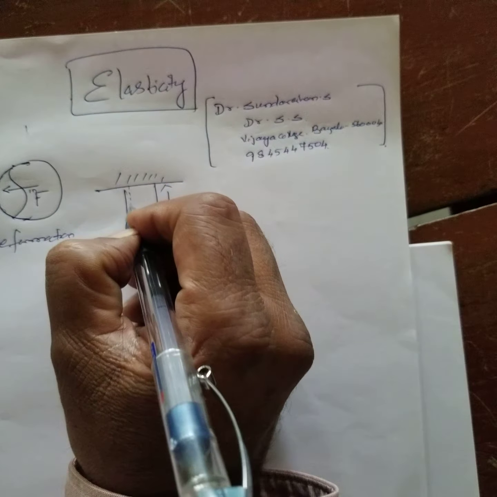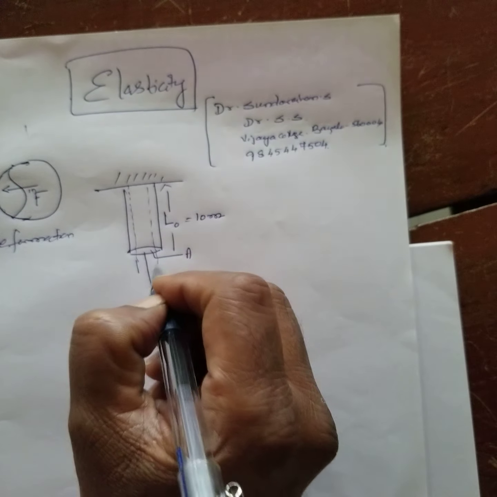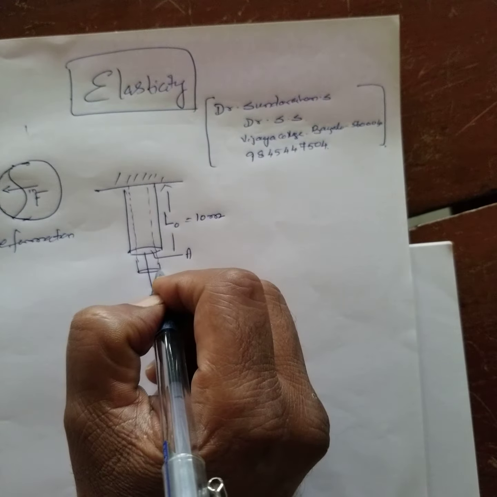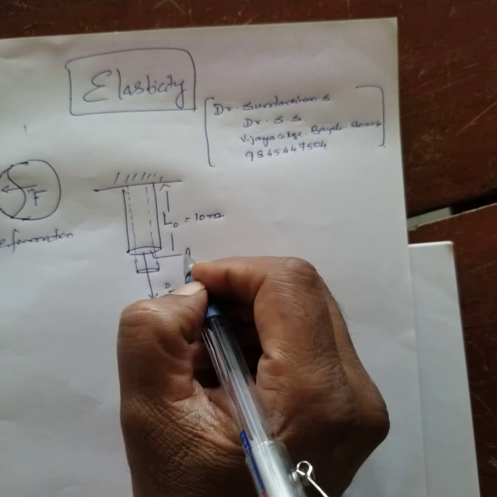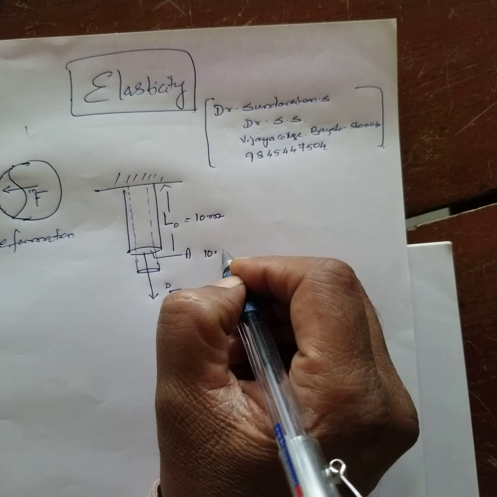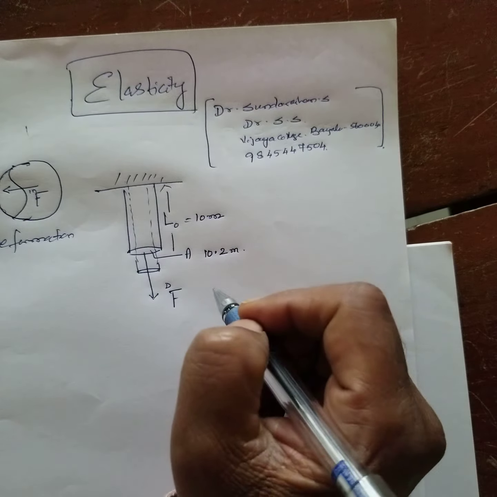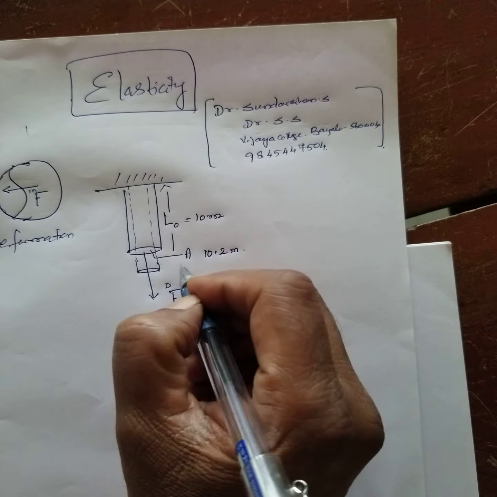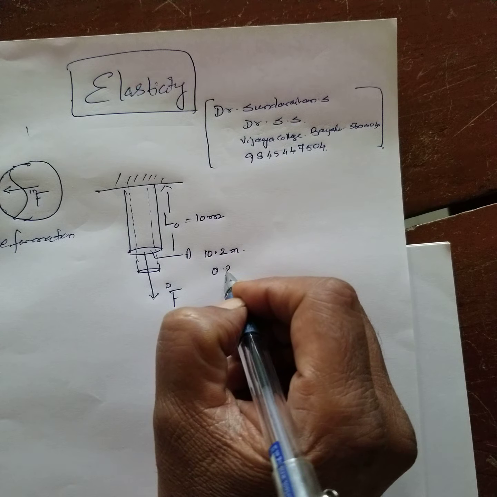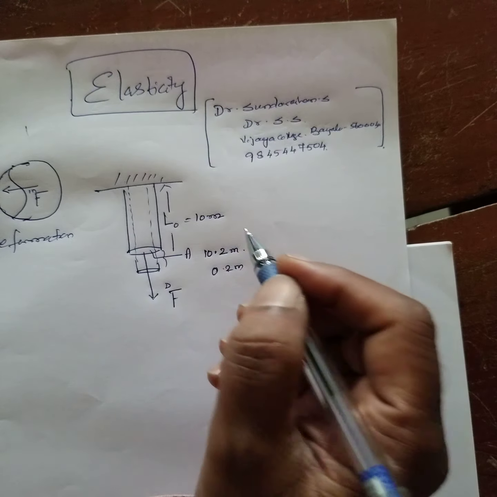As a result, what happens? There is an elongation of the length. This is 10 meter, this is 10.2 meter. It comes. That means how much is increased? 0.2 meter. So much it increases.